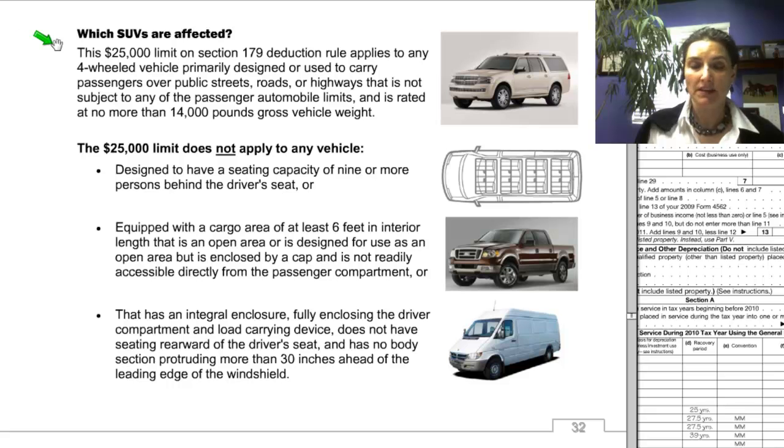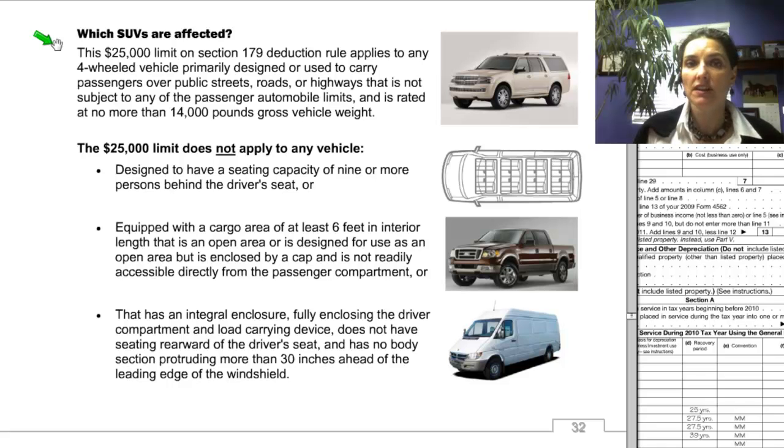And that limit, it doesn't matter how you calculate your depreciation, whether you calculate it under bonus, under regular depreciation, or under the Section 179 deduction. No matter what you do, when you add those amounts together, they can't be more than the limit. But when you go over to the SUV limit, we're on to a completely different thing, and the SUV limit applies only for purposes of calculating the Section 179 deduction.